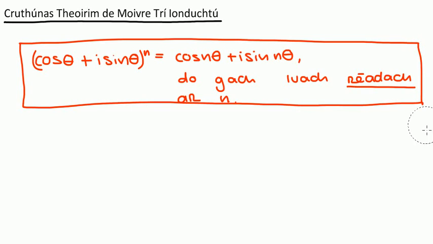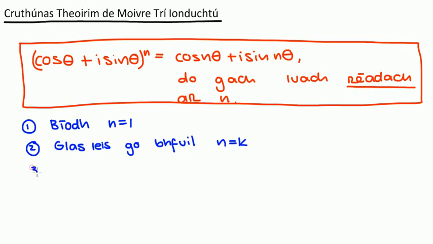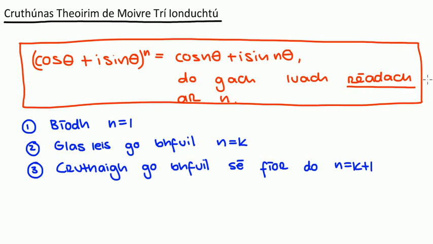So proof by induction, we have three different steps. Step 1, we let n be equal to 1. Step 2, we assume that it's true for n is equal to k. And step 3, we prove that it's true for n is equal to k plus 1. And by doing this, we prove that it's true for all real values of n.